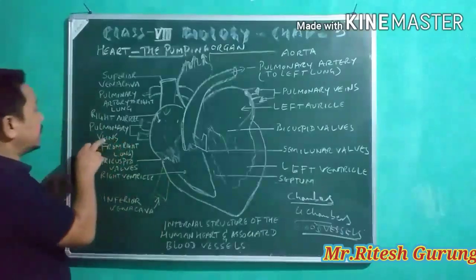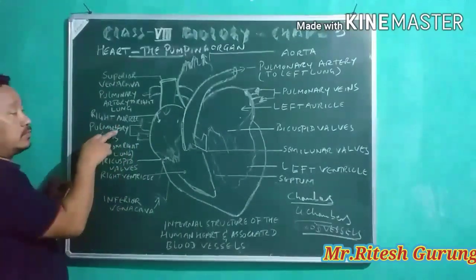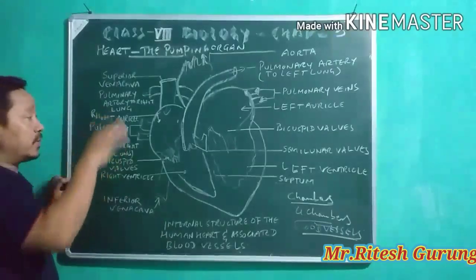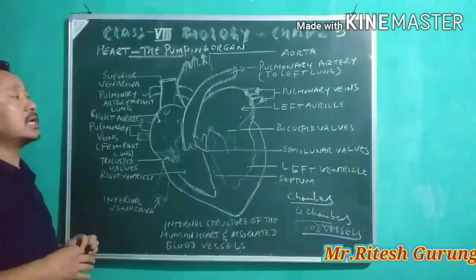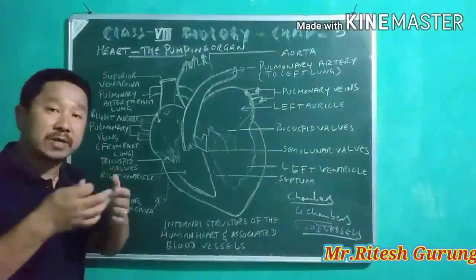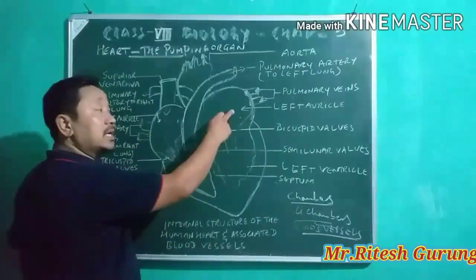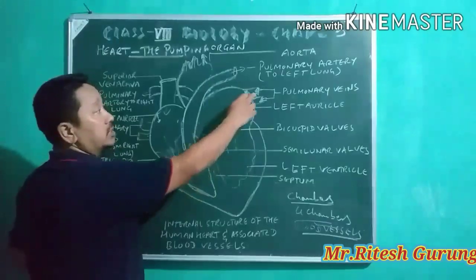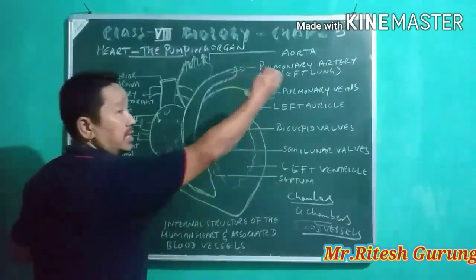Similarly, here you see pulmonary veins again coming from the right lungs, which bring the oxygenated blood, or I mean pure blood, sorry, oxygenated blood, back into the left auricle again. This also brings the pure blood into the left auricle.